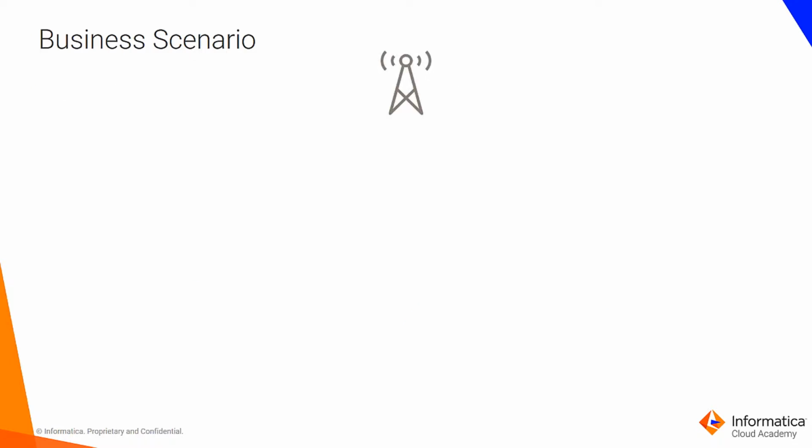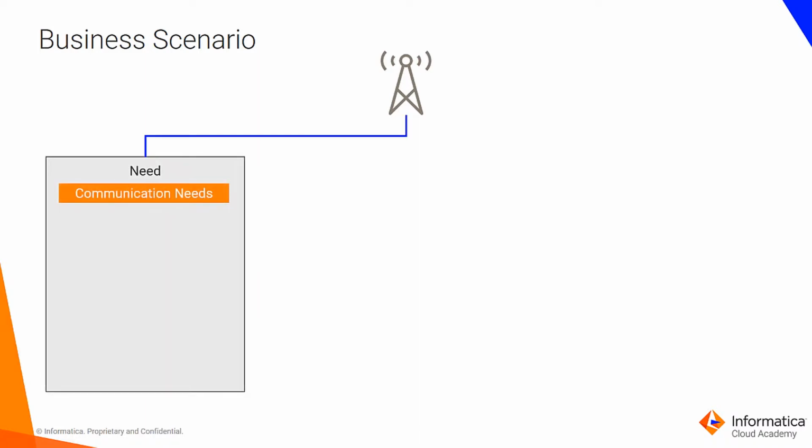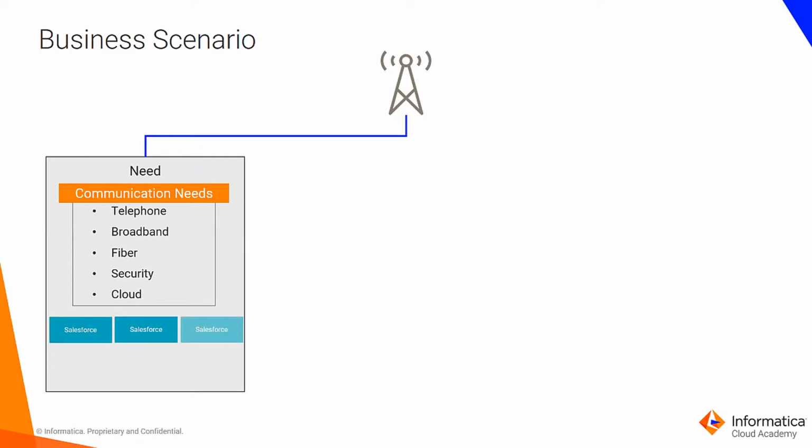A major provider of telecommunications network and services in the UK has over 1 million customers with diverse communication needs: telephone, broadband, fiber, security, cloud, etc., for a wide range of companies. It was required to streamline and accelerate executive decisions by unifying reporting across 9 Salesforce instances deployed across multiple business units.